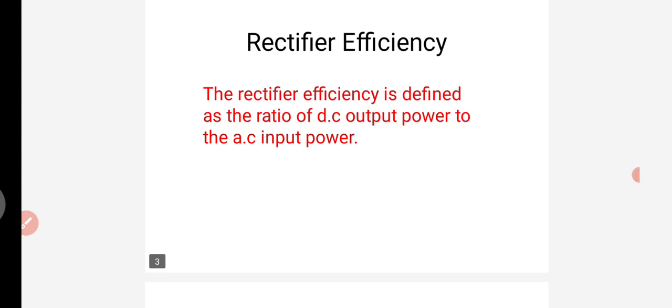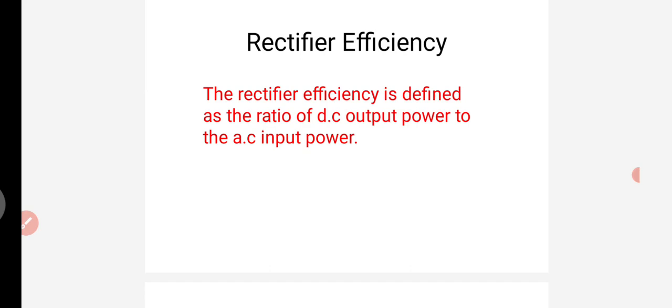Next we go for the rectifier efficiency. The rectifier efficiency is defined as the ratio of DC output power to the AC input power.